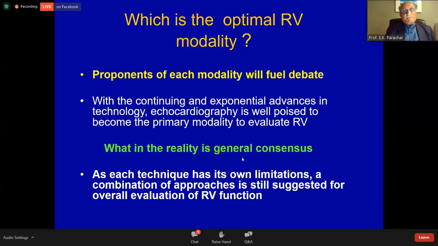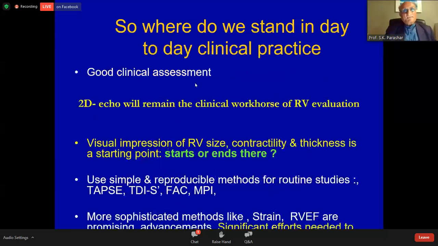What is the reality? The general consensus is, as each technique has its own limitation, a combination of approaches is still suggested for overall evaluation. So where do we stand in day-to-day practice? A good clinical assessment. 2D echo will remain the clinical workhorse of RV evaluation. The visual impression of RV size, contractility, thickness is a starting point, and it may start or it may end here itself.